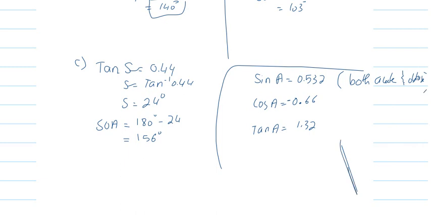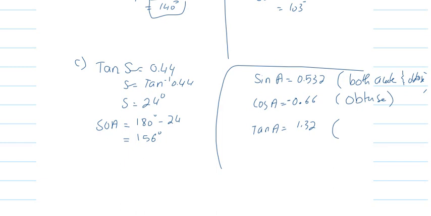How about cosine A? Cosine A is negative 0.66. What do we know about angle A? Obtuse or acute or both? Just obtuse because it's a negative ratio. How about tan? Obtuse or acute or both?